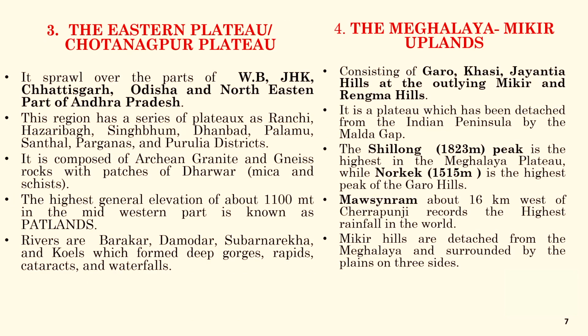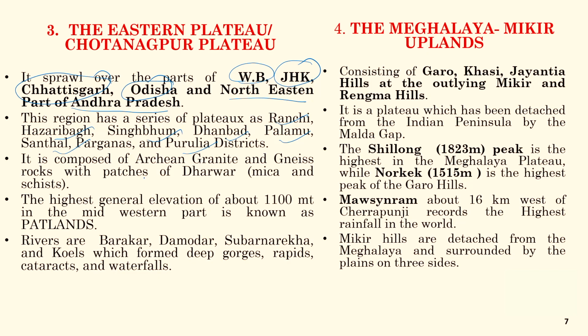The Eastern Plateau region, also known as the Chota Nagpur Plateau region, sprawls over parts of West Bengal, Jharkhand, Chhattisgarh, Odisha, and the northeastern part of Andhra Pradesh. This region has a series of plateaus such as Ranchi, Hazaribagh, Singhbhum, Dhanbad, Palamu, Santhal Pargana, and Purulia district.